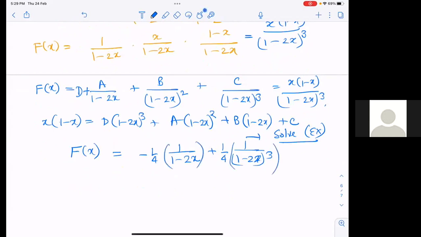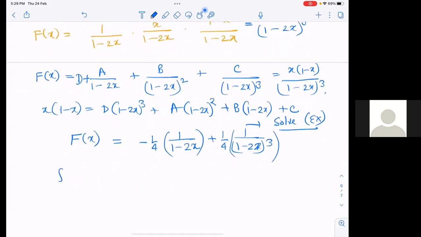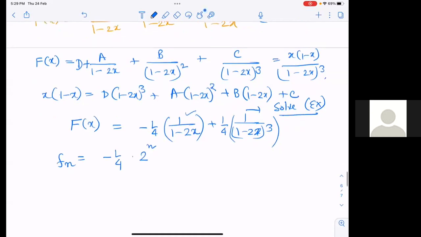Now I can extract the Fn. How shall I extract? What is the nth power coming from the first one? That's very simple. So this is 1/4 to power n. And what's coming from the second term? So that's my goal, right? So I know that 1 minus 2x power minus 3. What is the coefficient of x power n here?